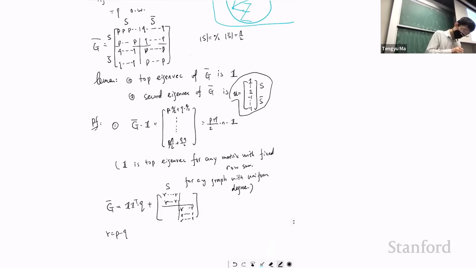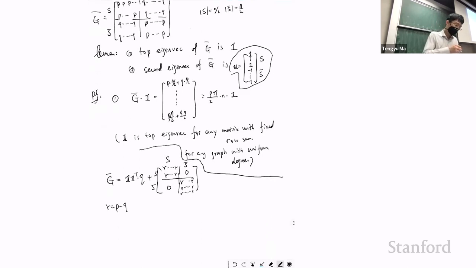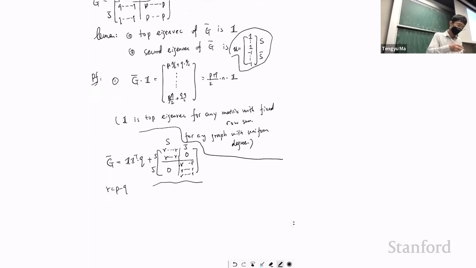So this is S, S bar, and here we have 0. Now you can see that this matrix becomes nice because it's a block diagonal matrix. Let's call this matrix G prime.